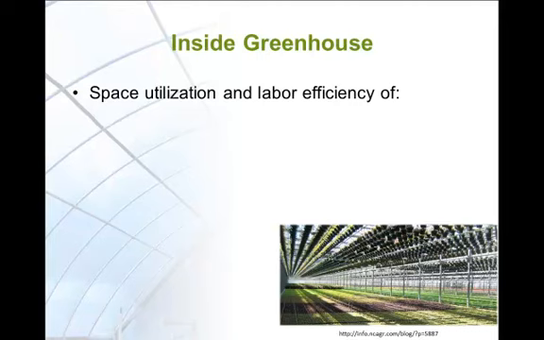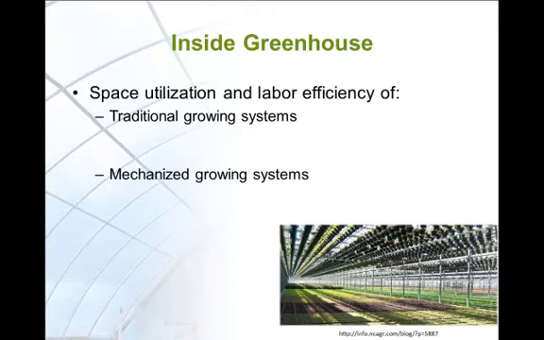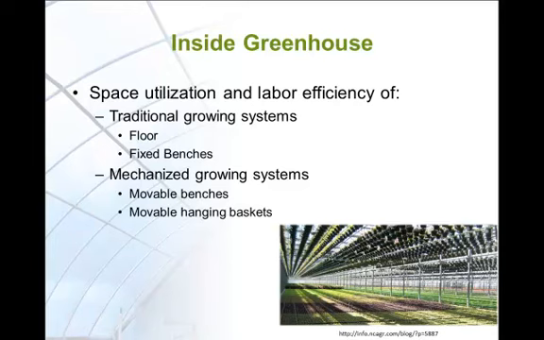After knowing the type of plants you want to grow, the key consideration will be selecting growing systems that suit your plants and the potential mechanization. We are going to discuss the spacing and labor efficiencies of traditional growing systems, which include floors and fixed benches, and the mechanized growing systems, which include movable benches and movable hanging baskets.